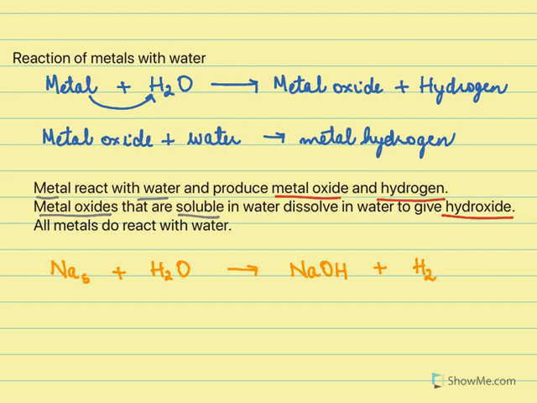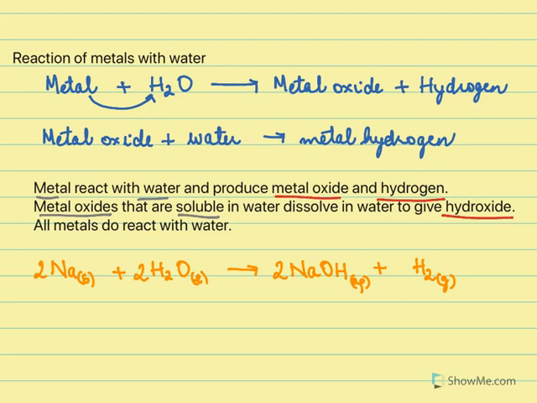Sodium is in the solid form. Water is in the liquid. Sodium hydroxide is aqueous, dissolved in water, and the hydrogen is gaseous. We need to balance this reaction. So to balance this reaction, we have 2 sodium hydroxide. So we have 2 and 2.